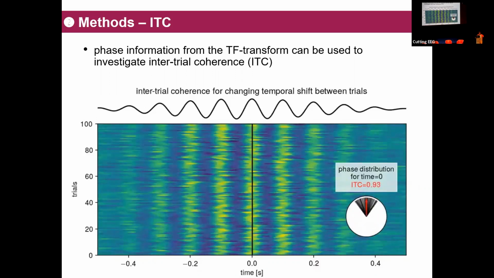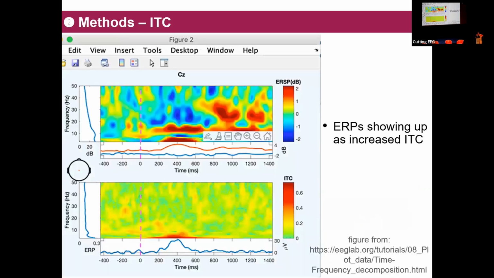So let's see how this looks like in neural data. So this is just stolen from EEGLAB documentation. So here you have the power in the time frequency representation, and here you have the intertrial coherence.